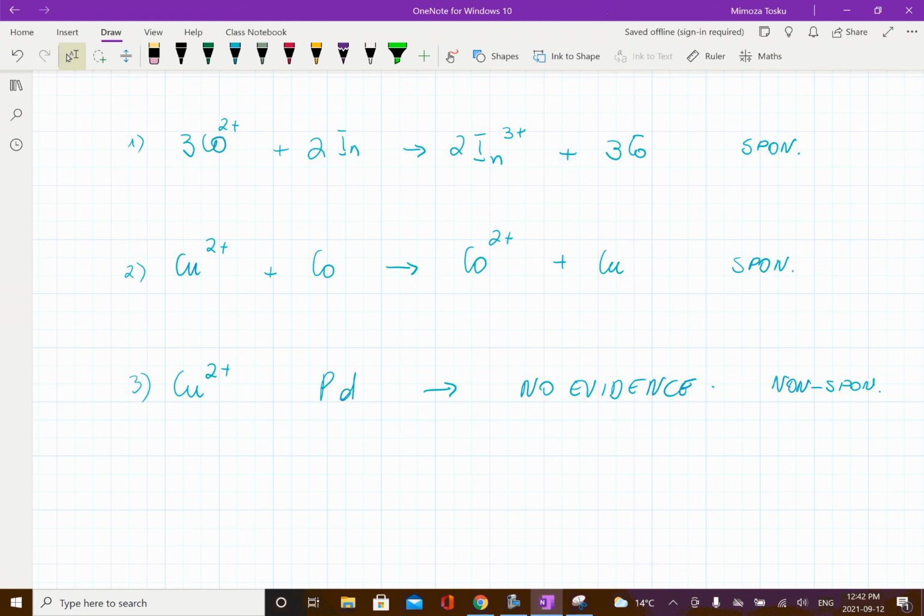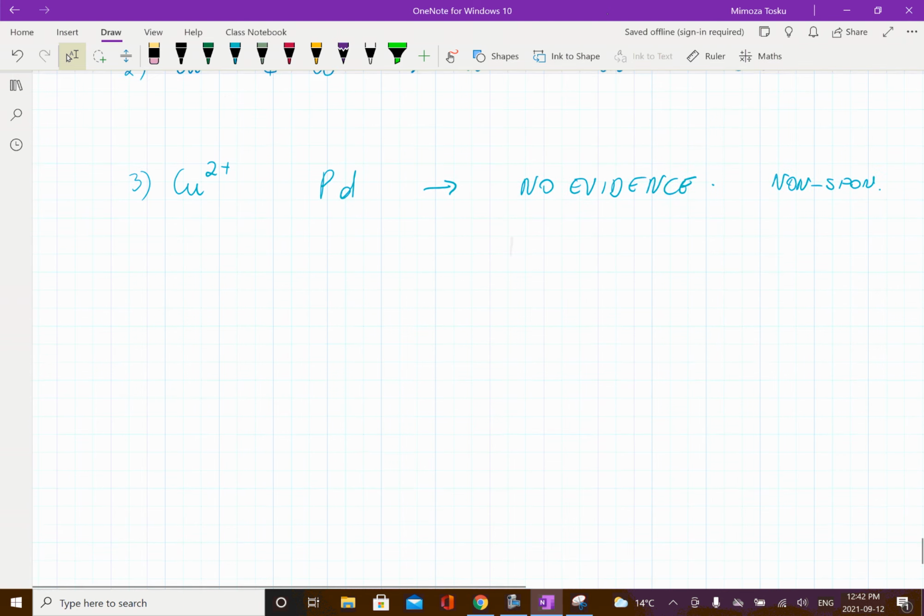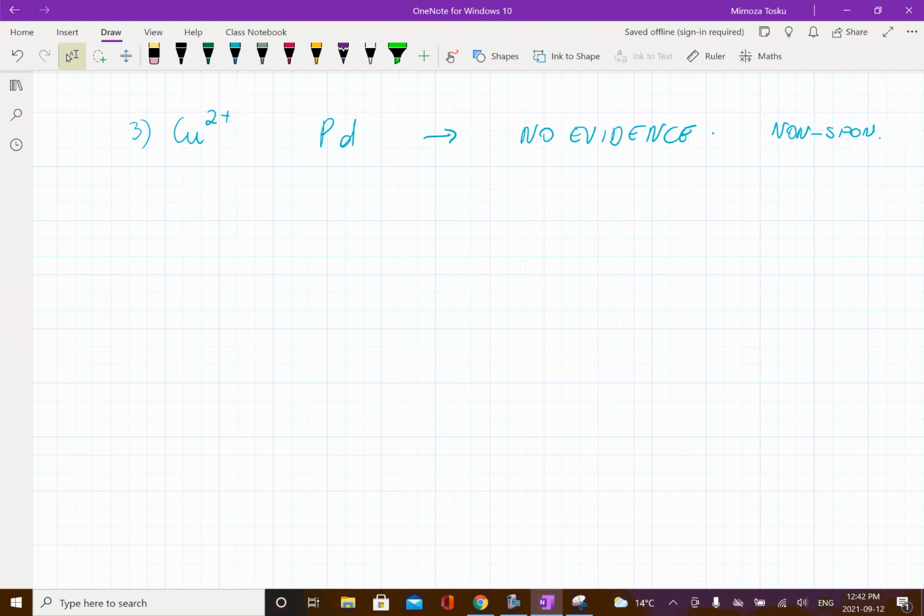Since we have a spontaneous reaction happening, first of all, we will sort the oxidizing agents on the left side, and on the right side, we will sort the reducing agents.